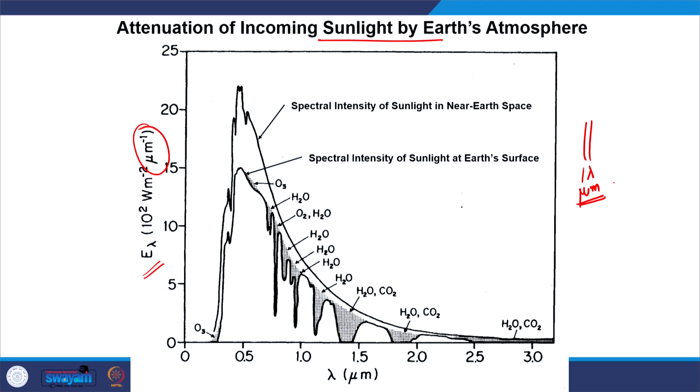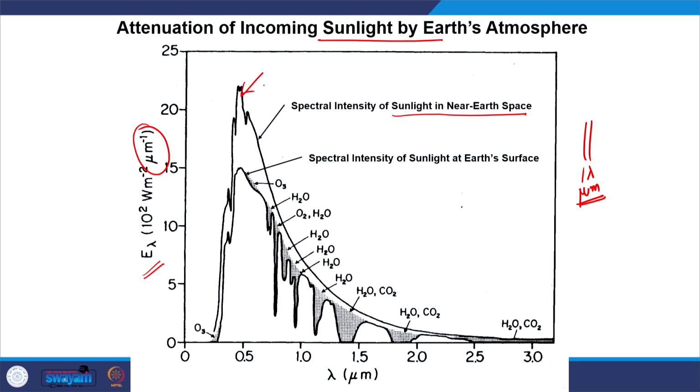So what you see is the spectral intensity of sunlight near the Earth space. When it is at the top of the atmosphere, you measure the intensity of light versus wavelength, the amount of energy that is there at every lambda at the top of the atmosphere. This is how you get it.